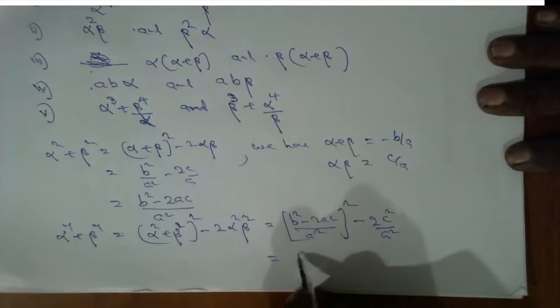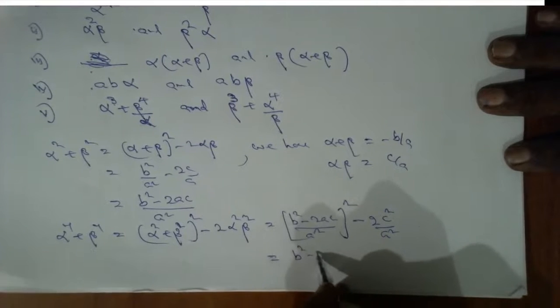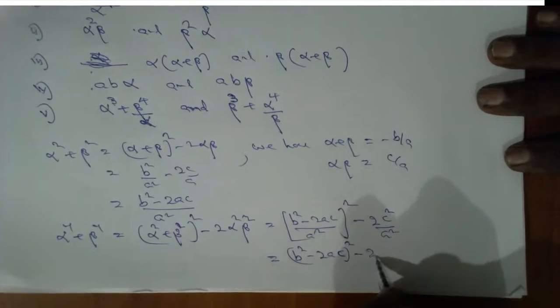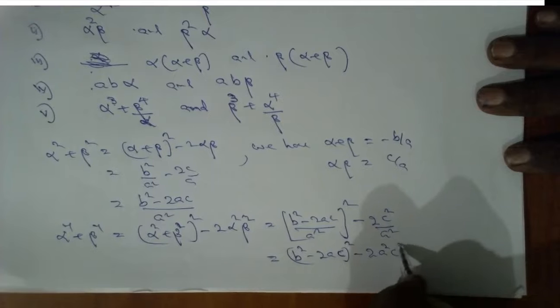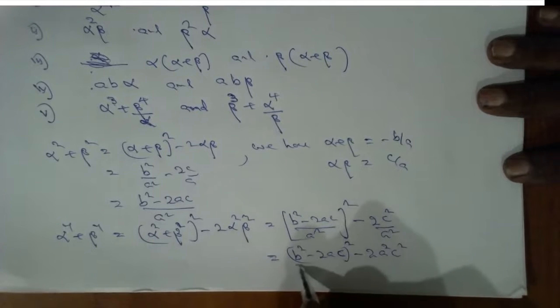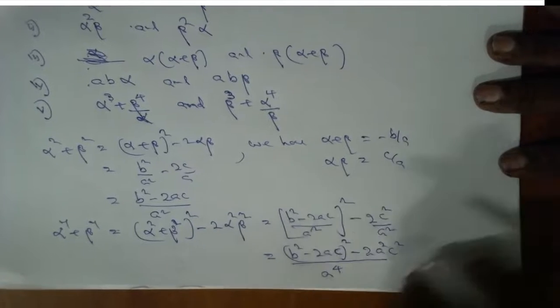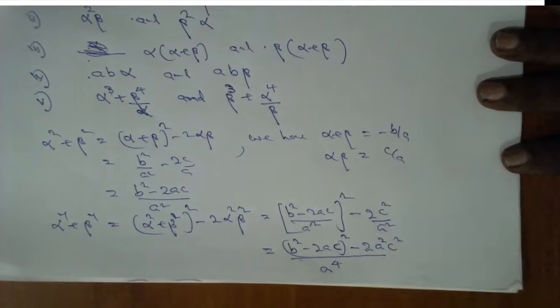So this equals b squared minus 2ac squared minus 2a squared c squared over a to the power of 4, right?